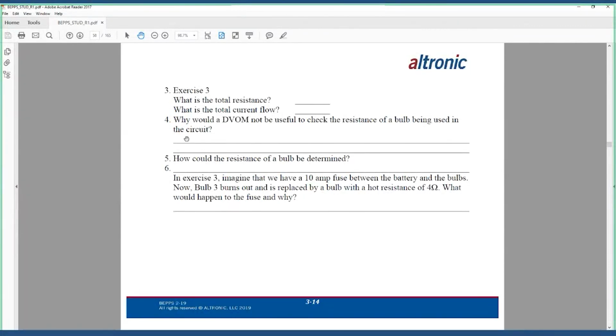Right now, our total amp draw is 4.7 with the bulbs the way they are. And so what we're saying is bulb 3 burns out, which had a 10 ohm load or a 10 ohm resistance, and is replaced by a bulb with a resistance of 4 ohms.